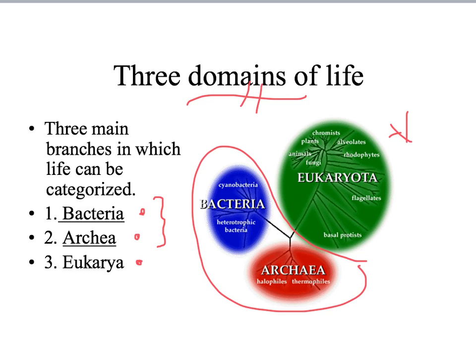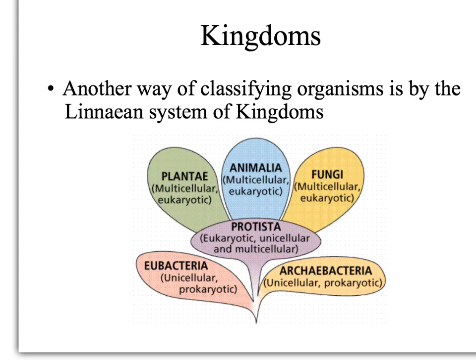Now, all life that we're familiar with would be over here in Eukarya. Now, this is the system of organizing, or should I say classifying, life in the Linnaean system, which uses the Latin genus species names. And this is called the kingdom system. When I was in high school, there were only 5 kingdoms, but now we have broken one of them up into 2. So there are 6 kingdoms. There are Eubacteria and Archaebacteria.